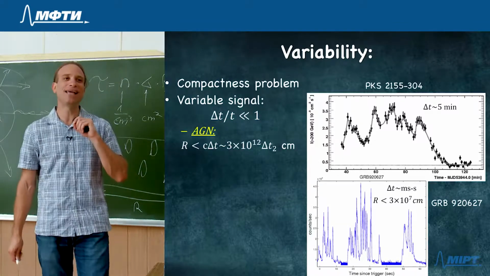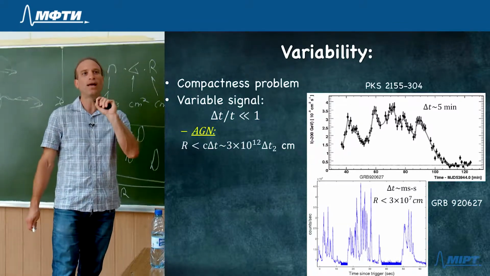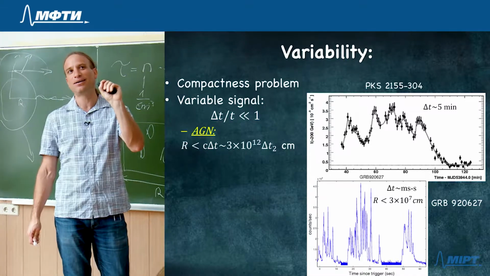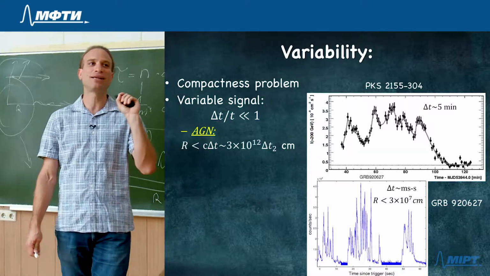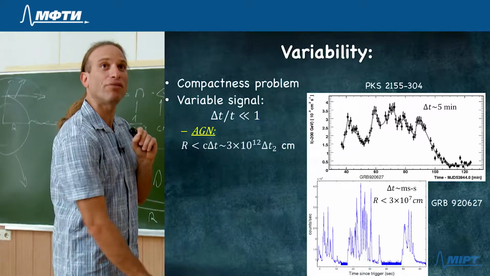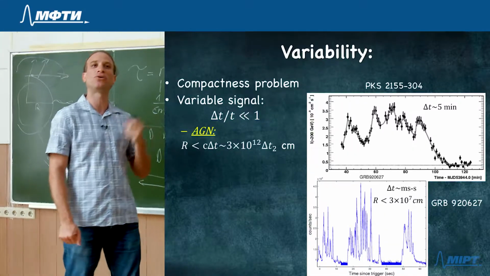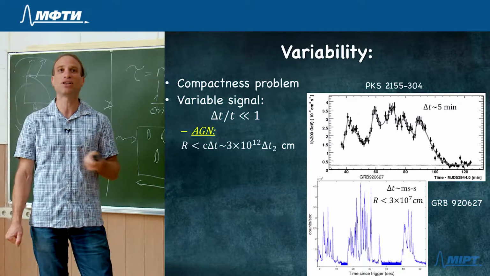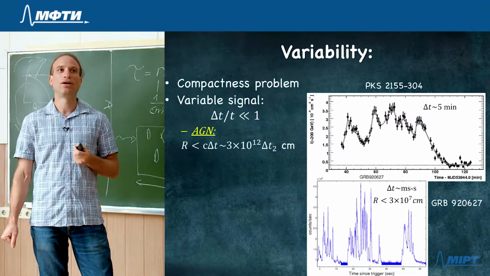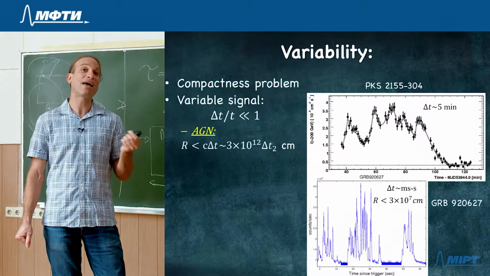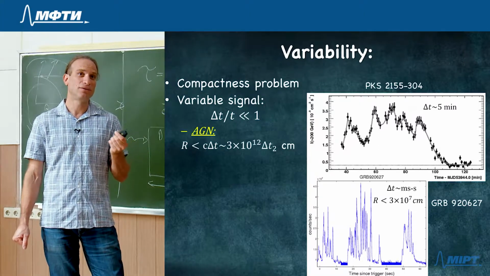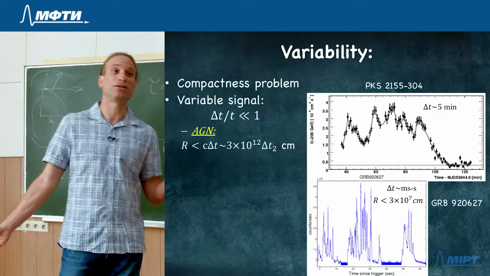Let's do that. What is the radius of the event horizon if the sun would have collapsed to a black hole? What would be the event horizon size, the Schwarzschild radius of the sun? Do you know? It's about 1.5 kilometers, so it's 10 to the 5 centimeters.